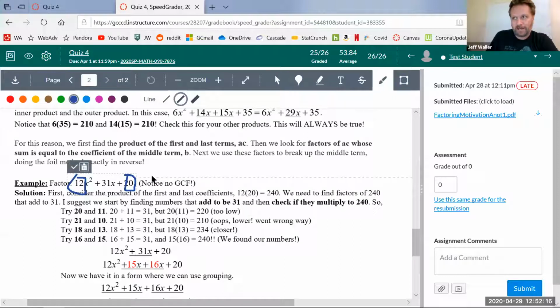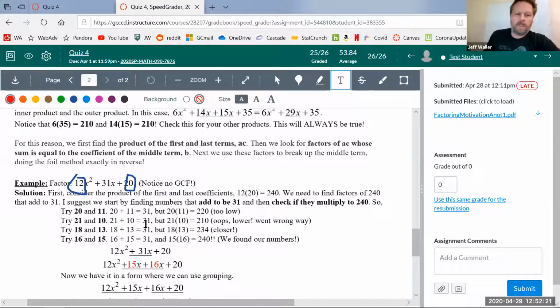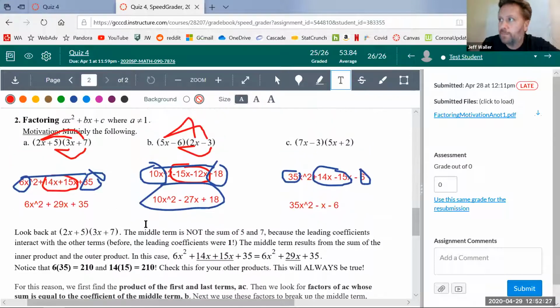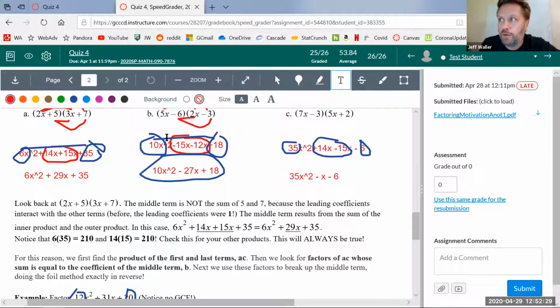Sure, I can work with that. You guys can do this. This is really freaky, I agree. But just to remind you, what did we notice? The first number times the last number is the same thing as the two middle numbers multiplied.